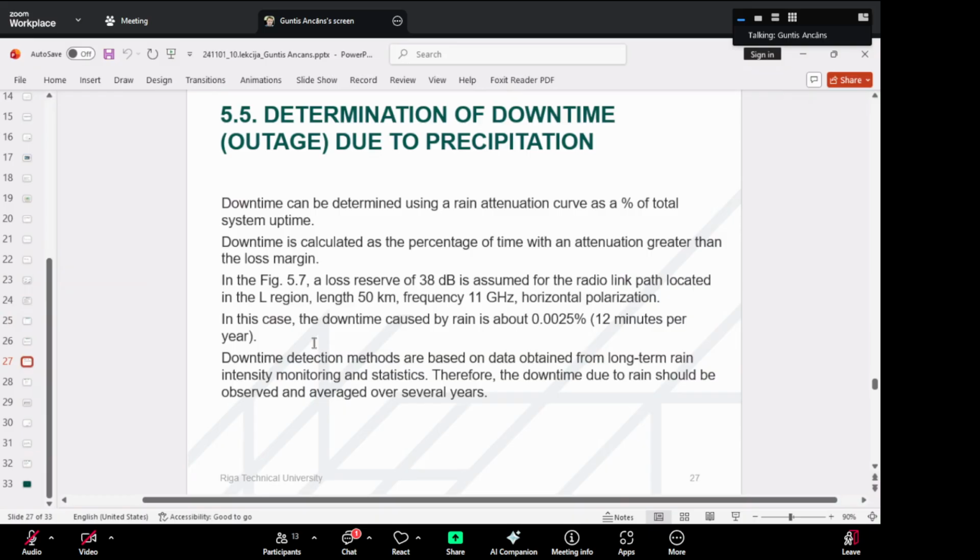The length of the radio link is 50 kilometers. Frequency is 11 gigahertz, and the used polarization is horizontal.